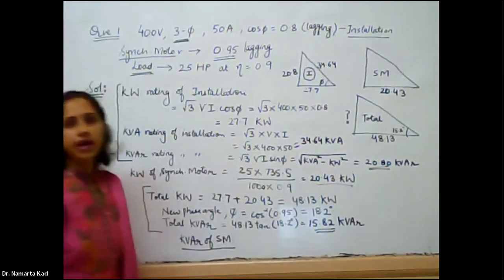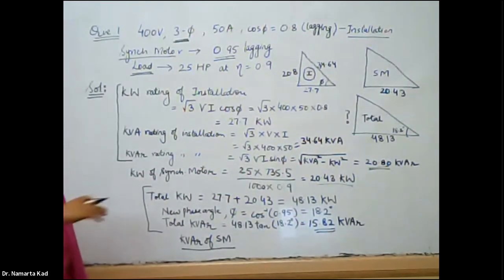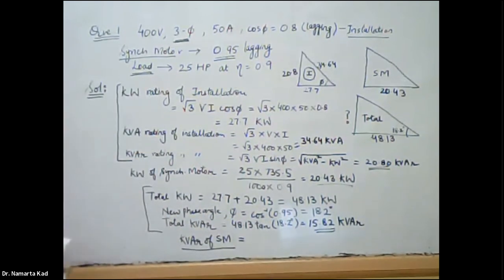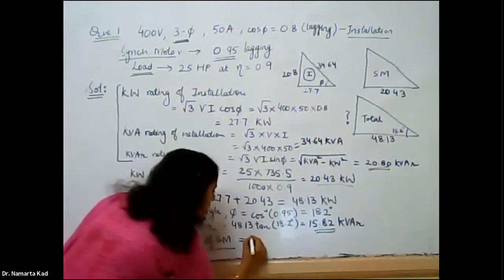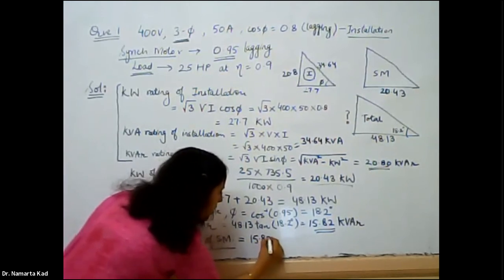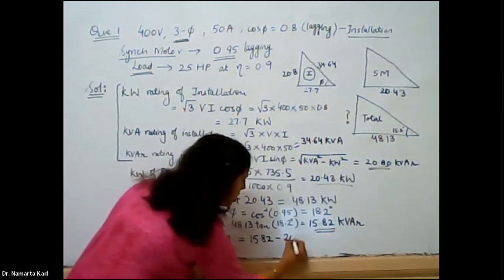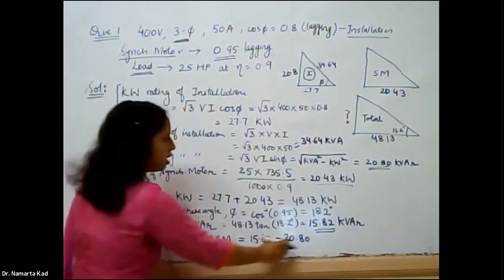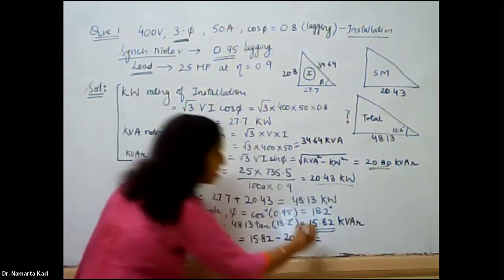The kVAR for the synchronous motor comes out to be final minus initial, so 15.82 minus 20.80. Okay, total kVAR minus the initial kVAR.